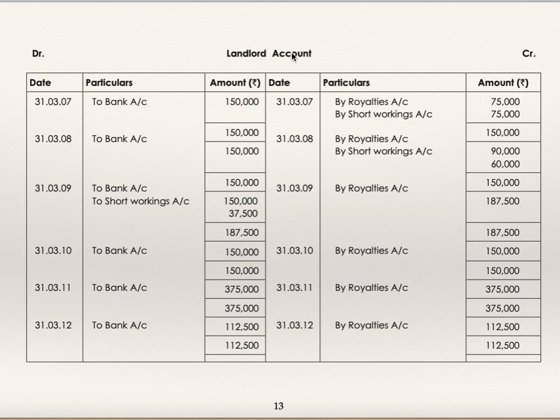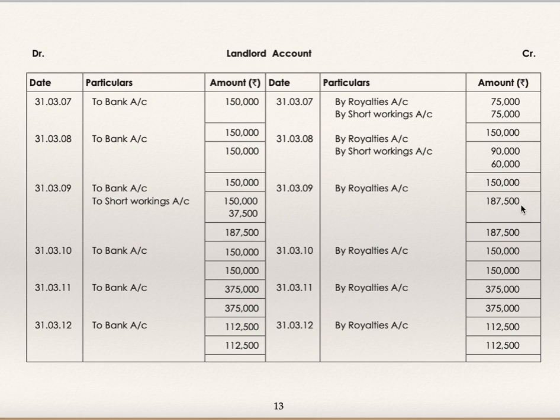Now next is landlord's account, by royalty, by short working to bank. Landlord account also gets closed every year. First entry, royalty account debit 75,000, short working account debit 75,000 to landlord. Second entry is landlord to bank. Next year, second year, by royalty 90,000, by short working 60,000 to bank.